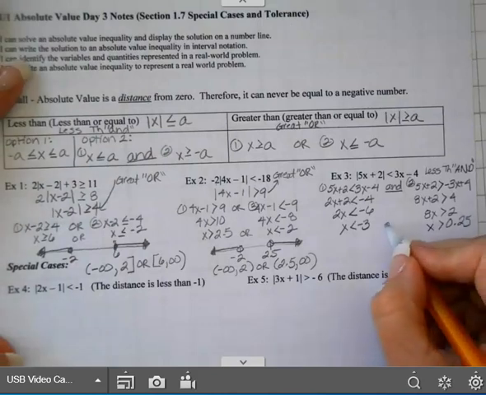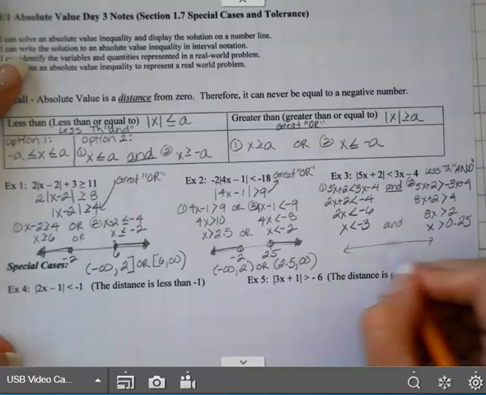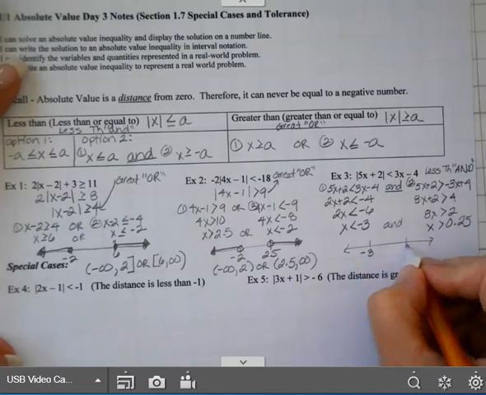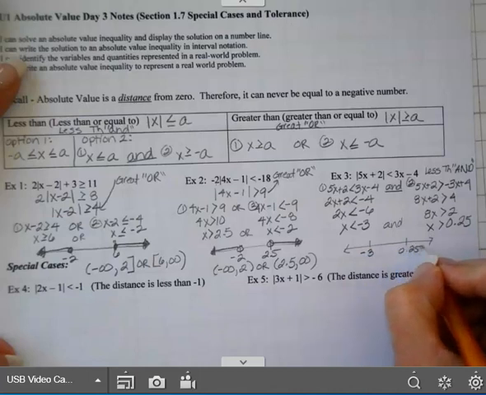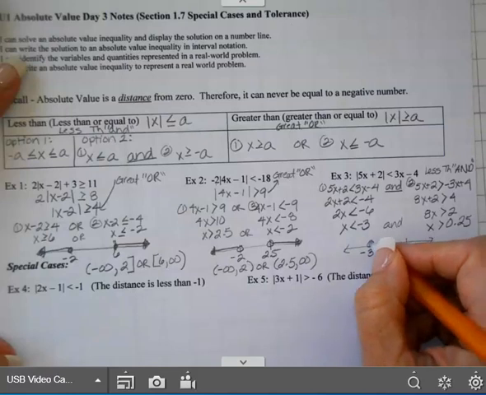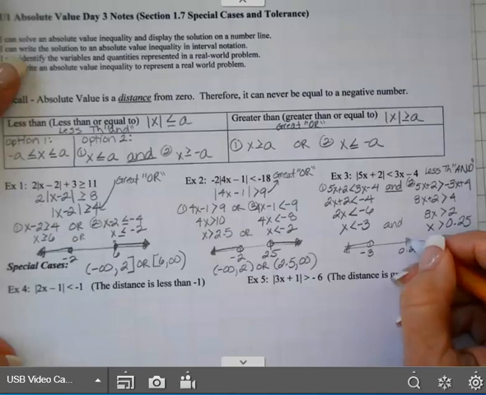This is an and statement. So if I look at this, I have at negative 3 open circle, and it's going to the left. And at 0.25 open circle, and it goes to the right.